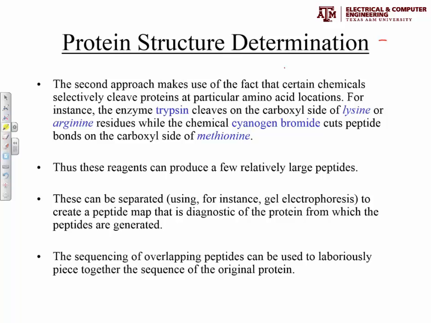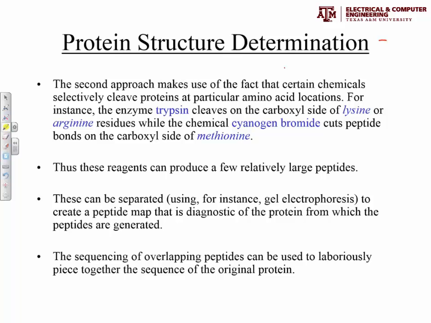So if you have a lysine in that protein chain, on one side is the amino side, and the other side is the carboxyl side. If you treat this protein with that enzyme, wherever there is a lysine, it is going to cut on the carboxyl side of it. Similarly, there is another reagent called cyanogen bromide, which will cut peptide bonds on the carboxyl side of methionine. This is another amino acid.